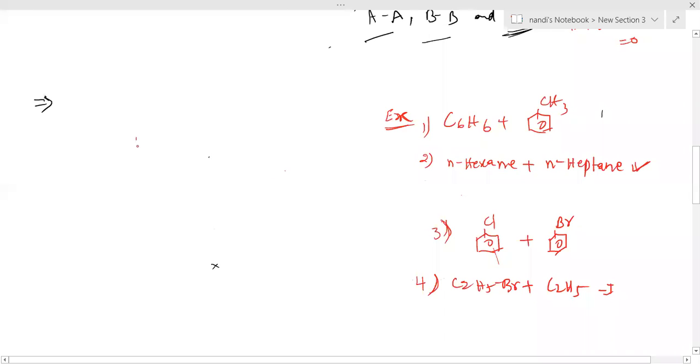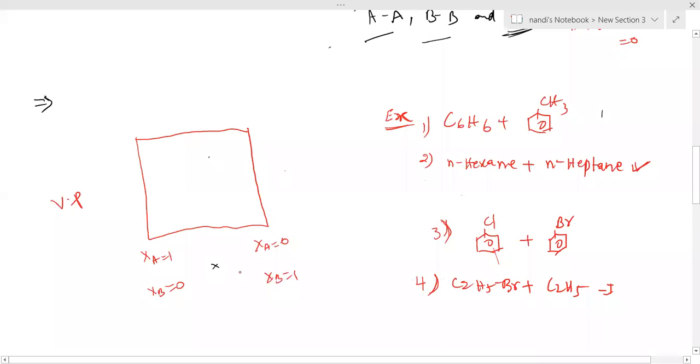If you draw a graph for ideal solutions, vapor pressure versus composition, assume XA equals 1, XB equals 0 at one end, and XA equals 0, XB equals 1 at the other. Draw straight lines. This is the P solution.